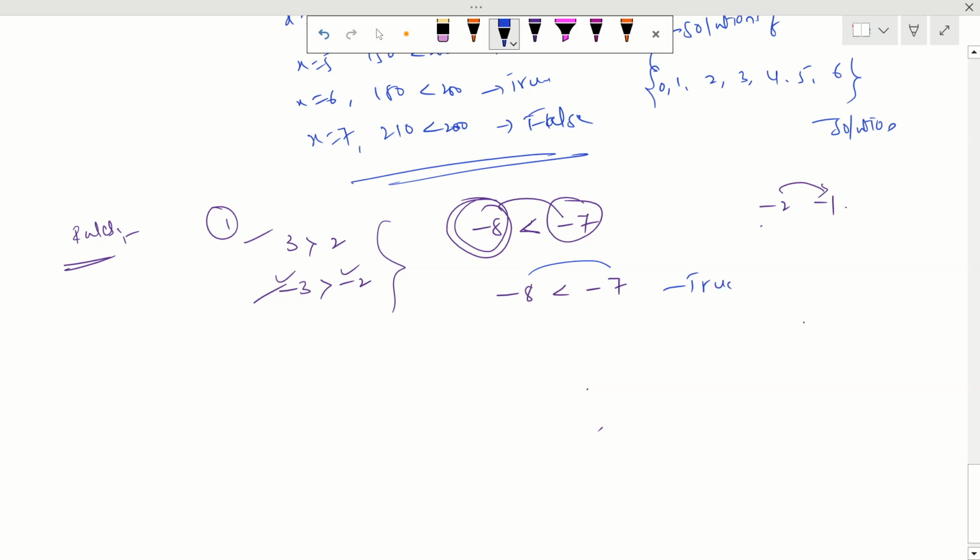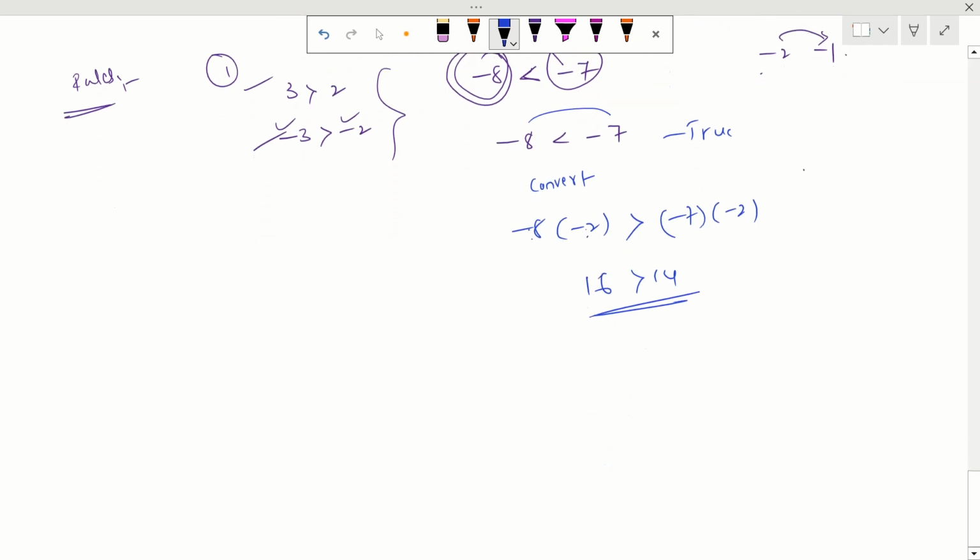I convert it by multiplying by minus 2, and it becomes greater than, because minus 8 times minus 2 is positive 16. I convert the less than symbol to the greater than symbol. This is also one type of rule. We just have to remember these things. I will give examples, then you will understand how to solve the inequalities.